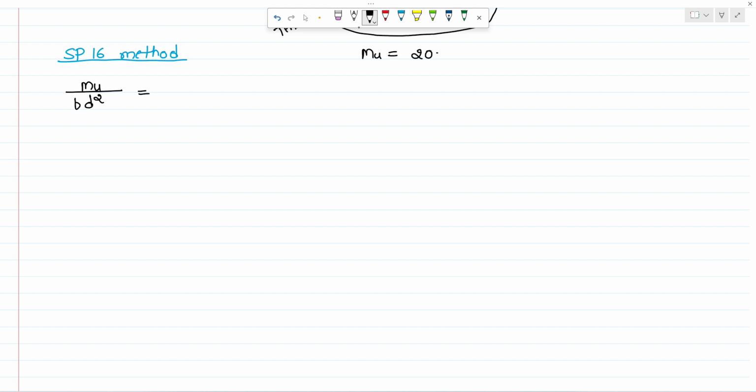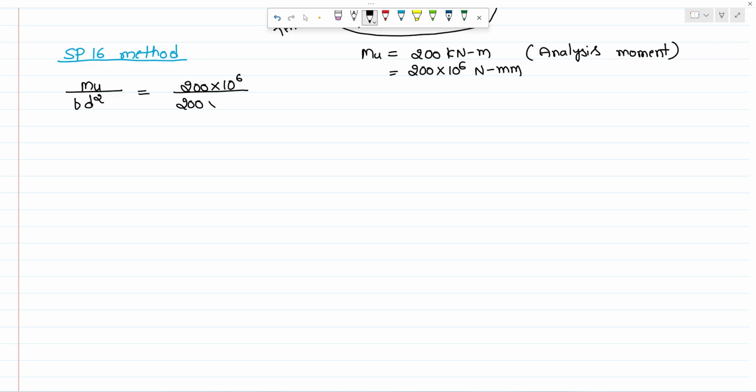Mu is 200 kilonewton meter, so it will be 200 into 10 power 6 Newton millimeter, divided by your width of the section, which is 200, and effective depth 459 square.